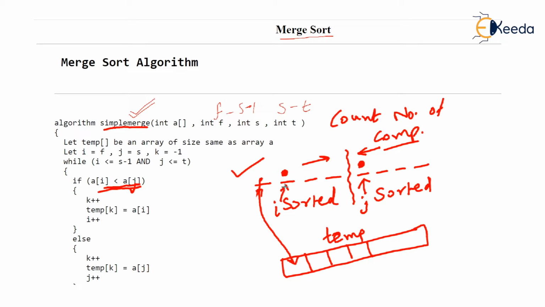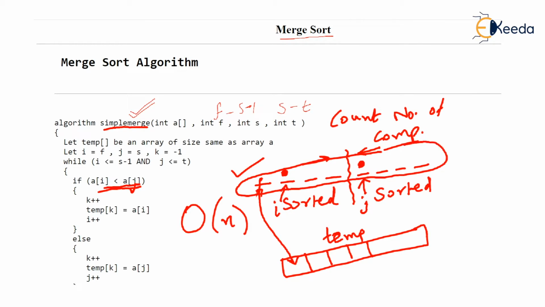It is not difficult to prove that in the worst case, the number of comparisons performed will be of the order of n, big O of n, where n is the size of this entire part. That is, the number of elements in the left plus the number of elements in the right are n, and it works in big O of n.